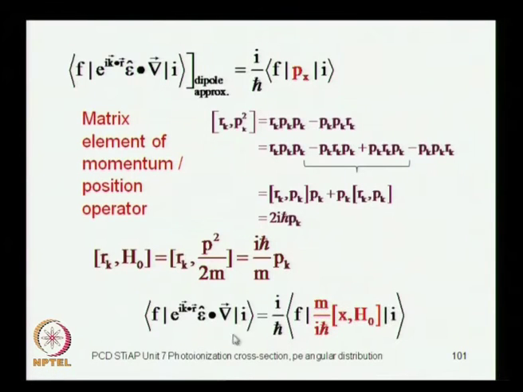So, this matrix element is the matrix element of p k, right. So, this is the matrix element of the kth component of the momentum operator. This can be written in terms of the matrix element of the commutator of the position operator and the Hamiltonian scaled by this m over i h cross which is coming from here, right.